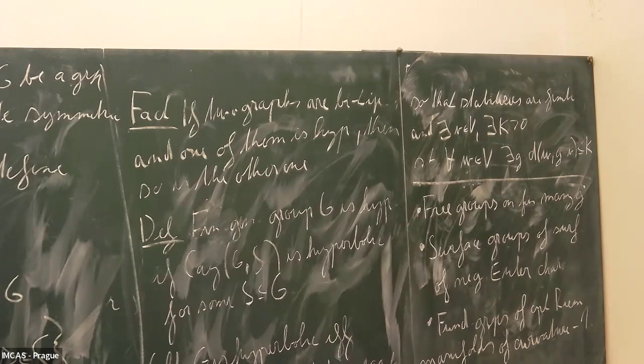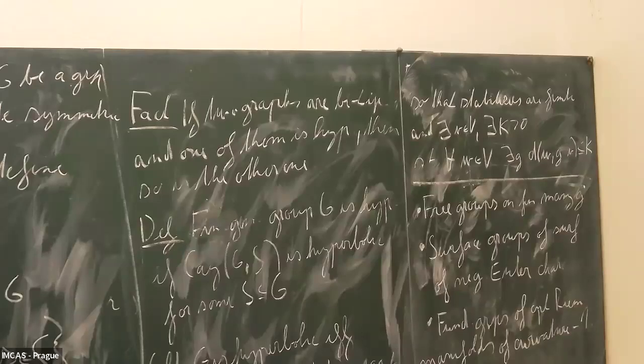The number of relations is fixed. These relators are elements of the free group on the generators, so they are words in the alphabet of generators. Let's also fix a bound on the length of these relators. Then you have finitely many groups, so you can count how many of these are hyperbolic.